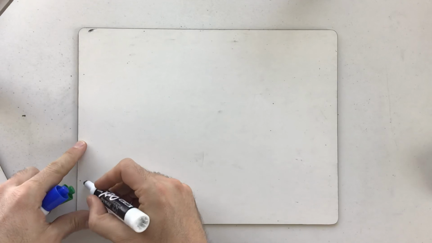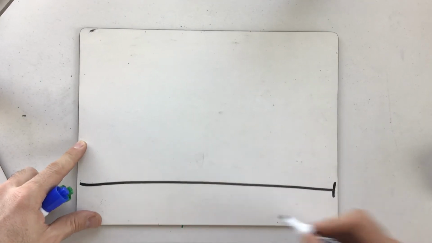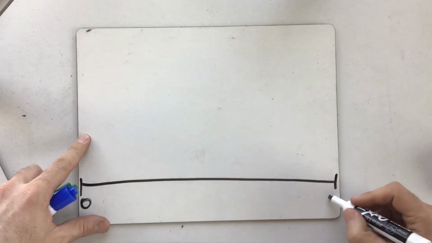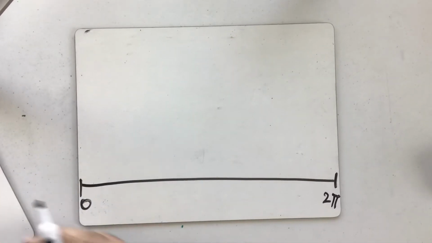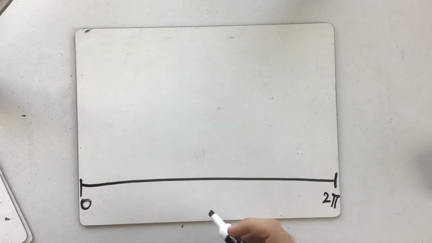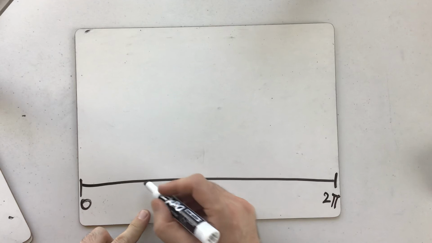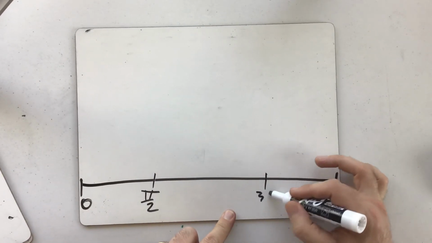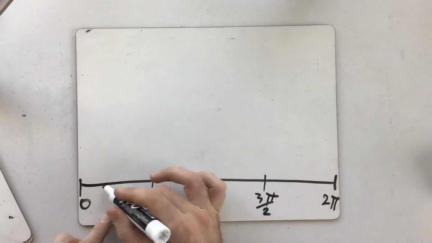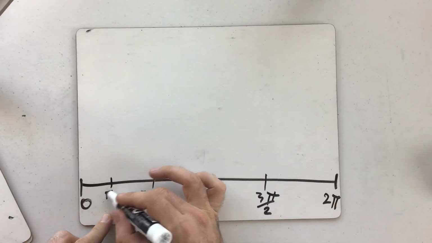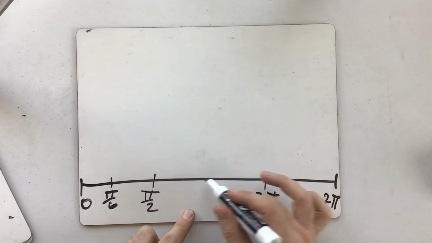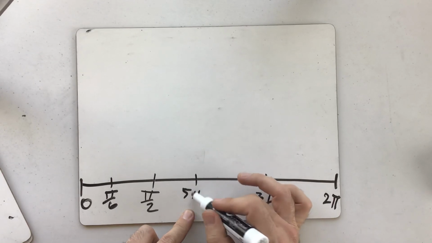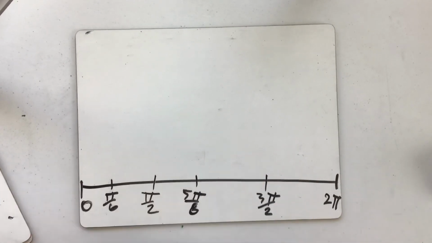Okay, so what I'm going to do is put my number line here along the bottom, and let's put 0 here and 2 pi right here. And the numbers that I need are pi over 2 and 3 pi over 2, and then pi over 6, and then 5 pi over 6.